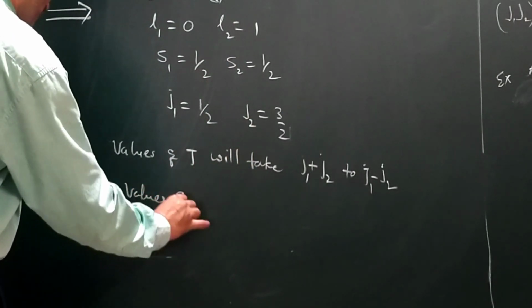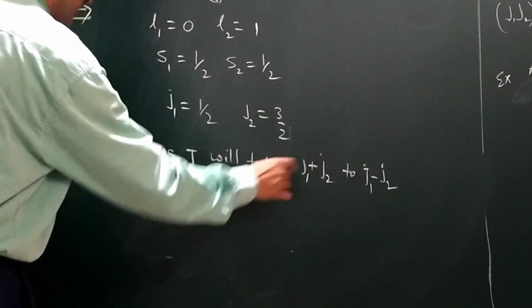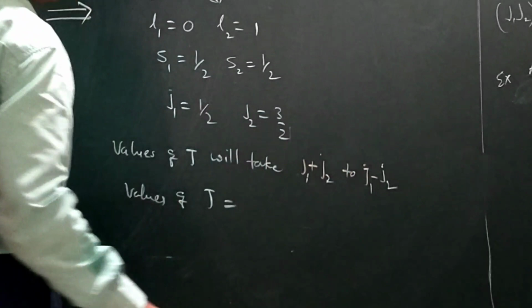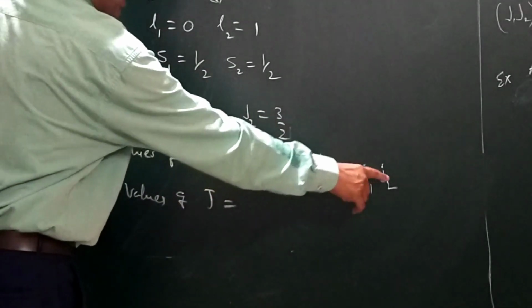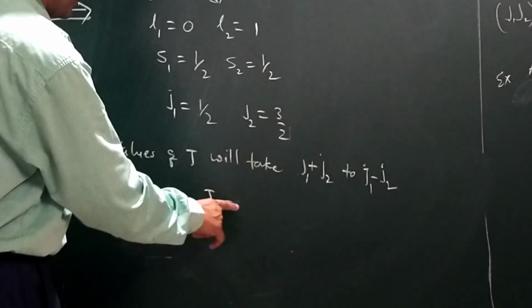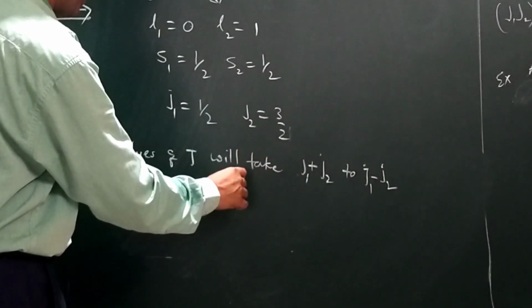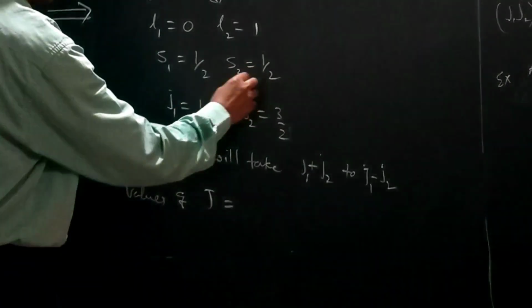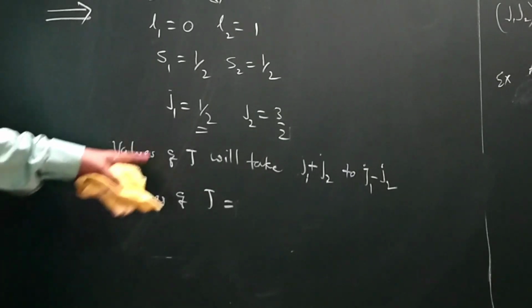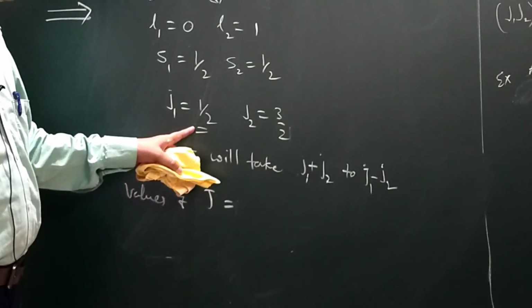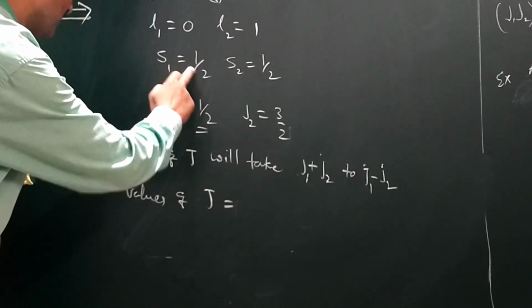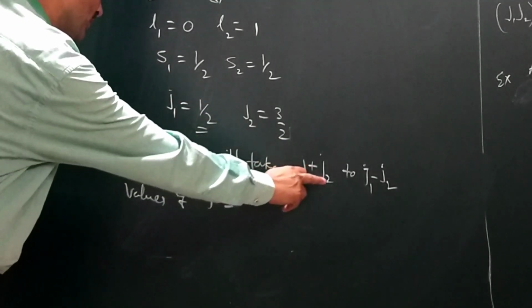The values of J, now first case we can plus and up to J1 minus J2. So what are the values of J? So J1 plus J2.